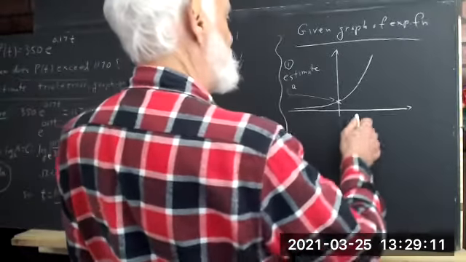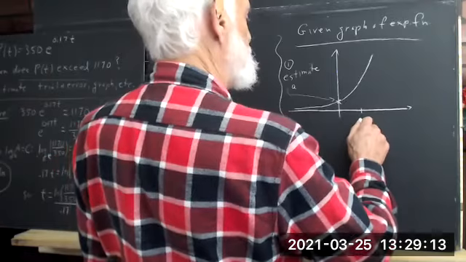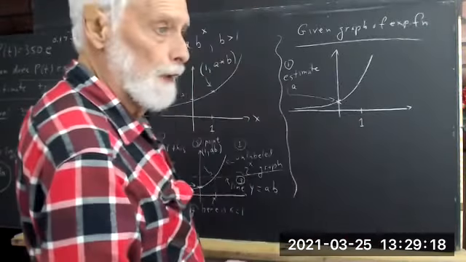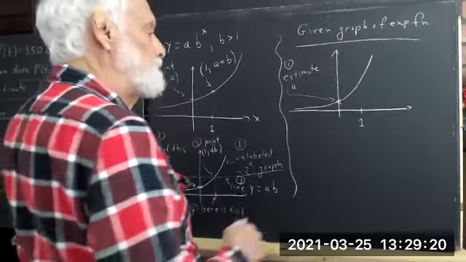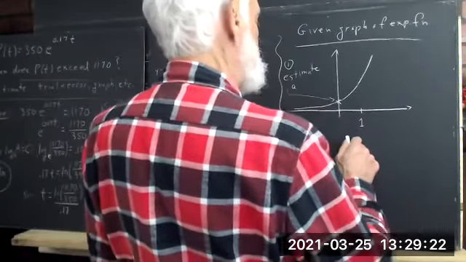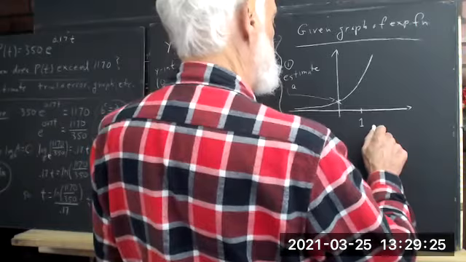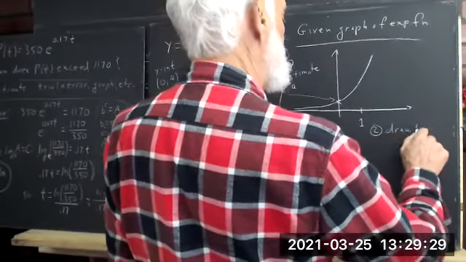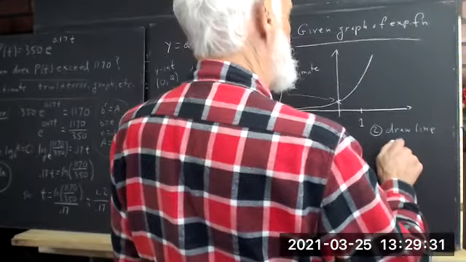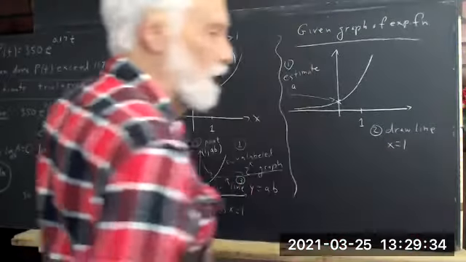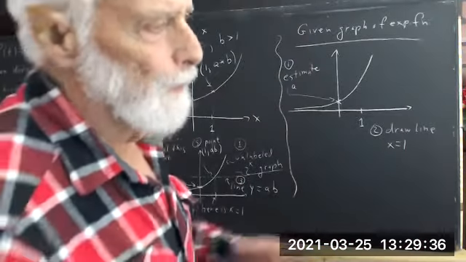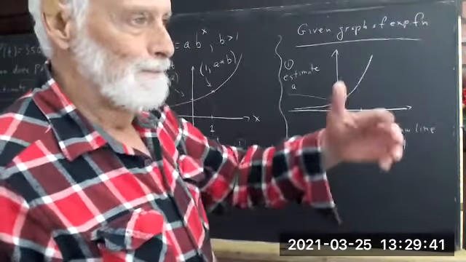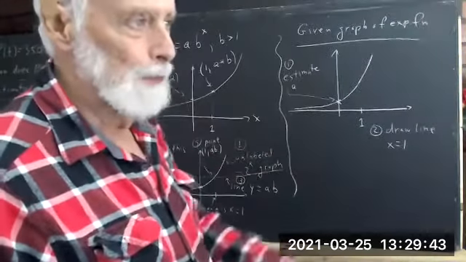Then you have 1 on the x-axis. So step 2, draw the line x equals 1. Now, in the problems you have through My Open Math, you have a grid, so you'll have the line x equals 1.